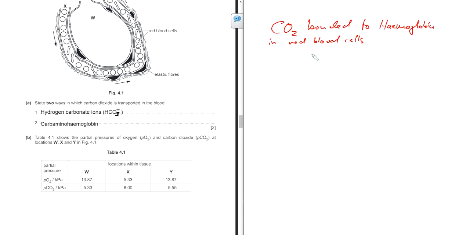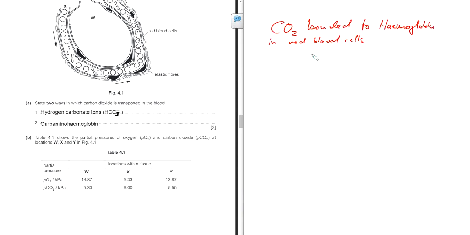This is quite important, because when carbon dioxide binds to the hemoglobin, this will reduce the affinity of hemoglobin for oxygen, allowing more oxygen to be released by the hemoglobin.